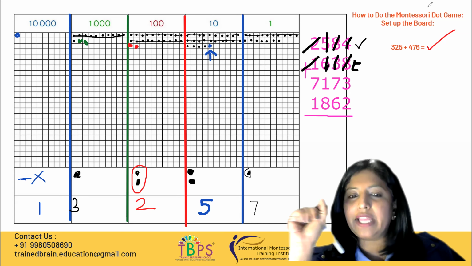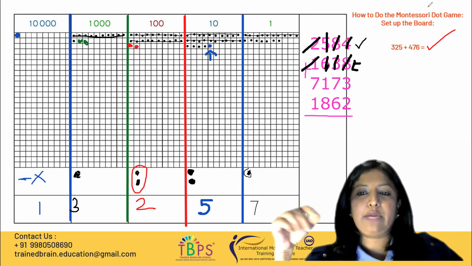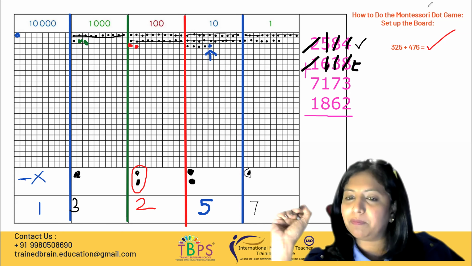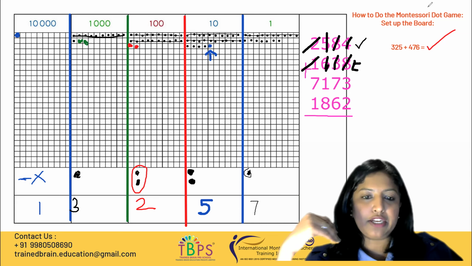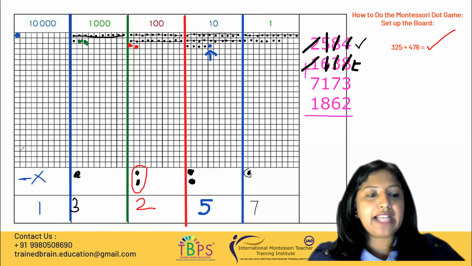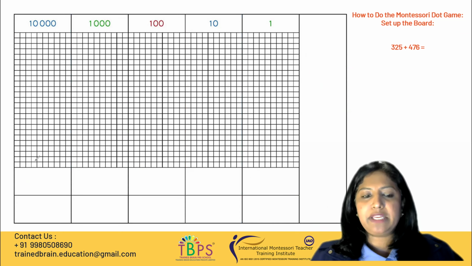So this is a very famous Montessori writable tool, I could say. It's called the dot game. It's not a game, it's a worksheet. So you teachers, you can give as many problem statements as possible to our children and give them as many worksheets.